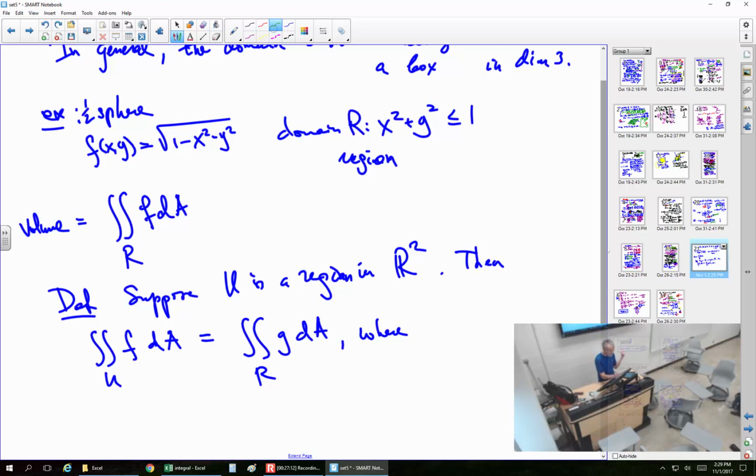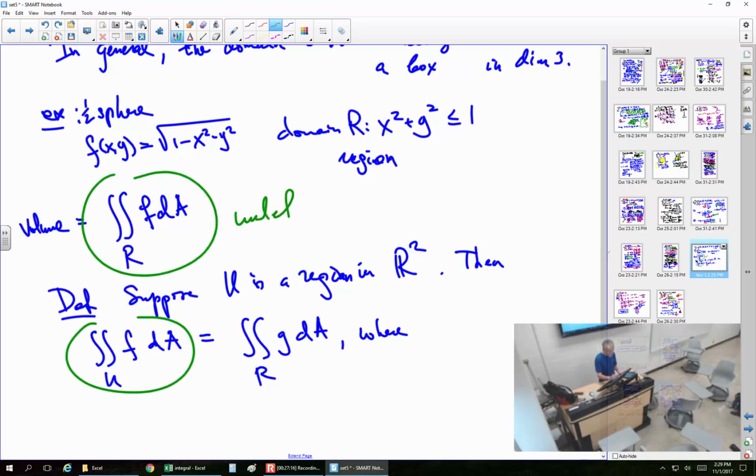What's on the left is to be defined. Up to this point it is undefined. So we now explain what it is supposed to be. That's what we replace it with: a new integral, new function, new region.